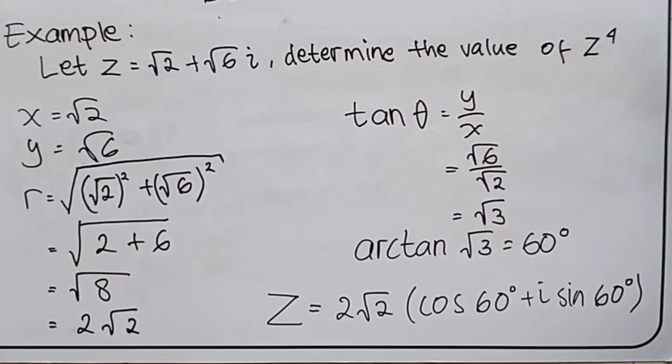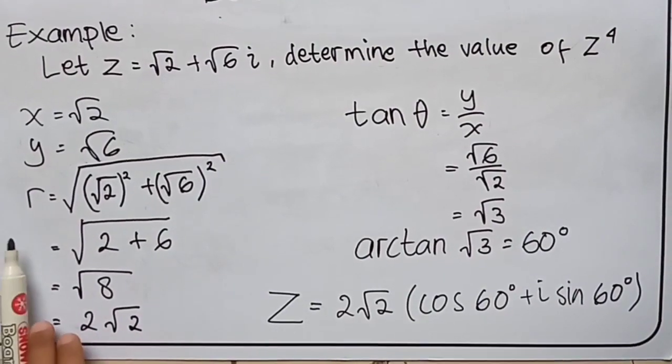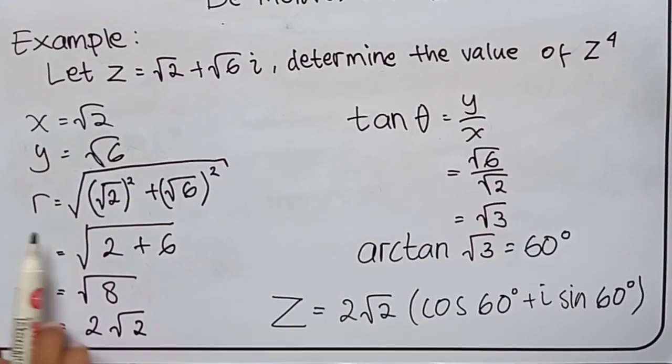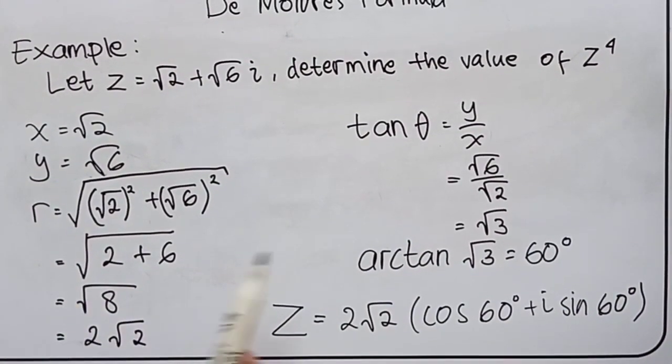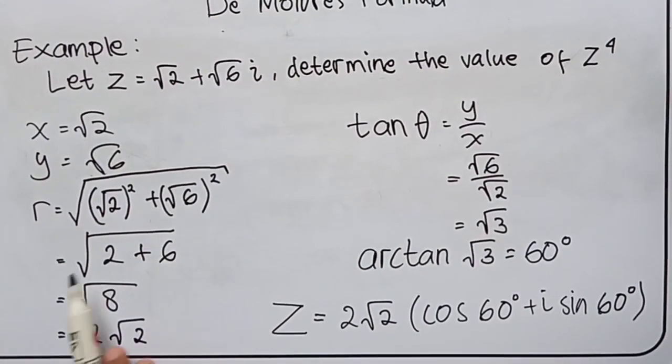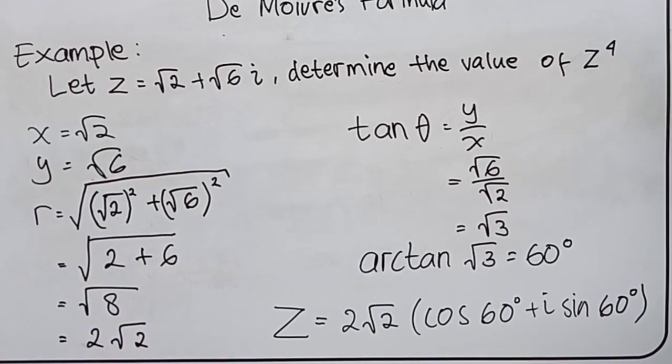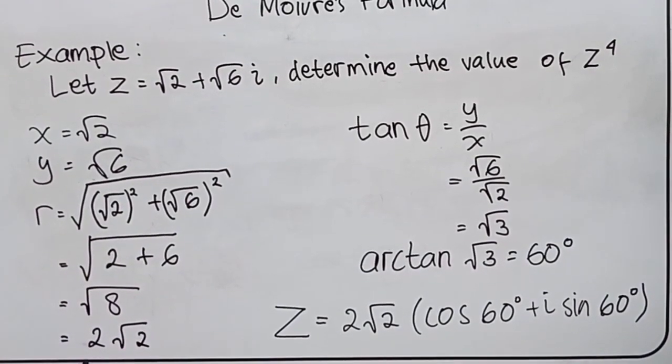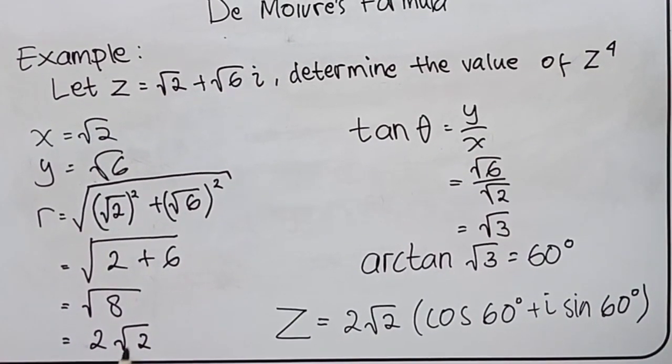Then we should find r first. So r is the square root of x squared plus y squared, and here we have r equal to 2 square root of 2.